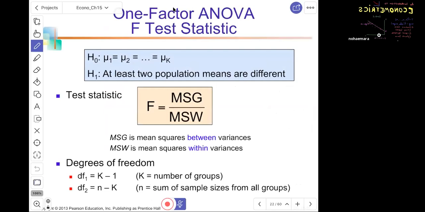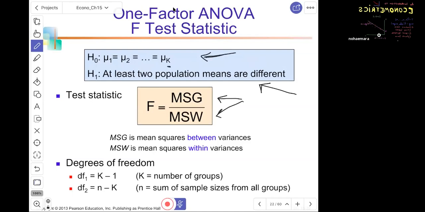Okay, I want you to understand that if this is your null hypothesis, whether the means of the different groups are the same, or at least two population means are different, then you're talking about whether the mean square groups divided by the mean squared within are the same, or which one is bigger, or which one is more important.